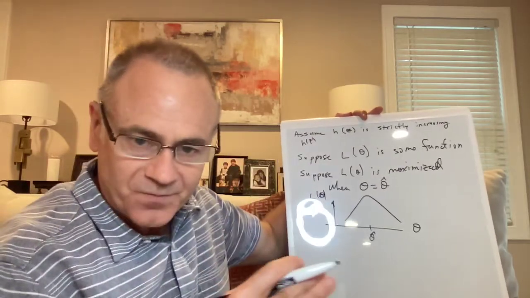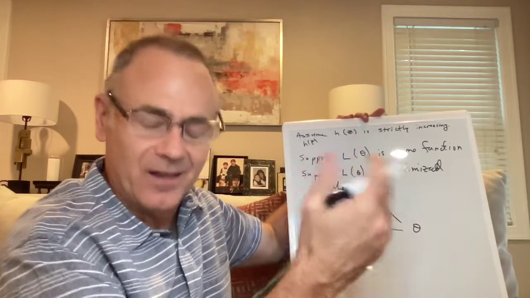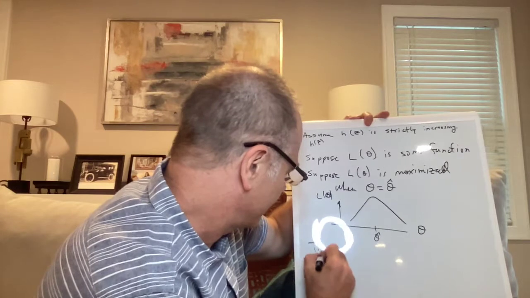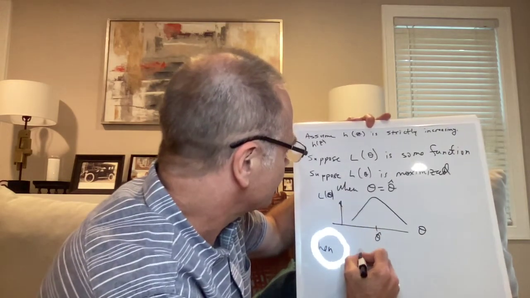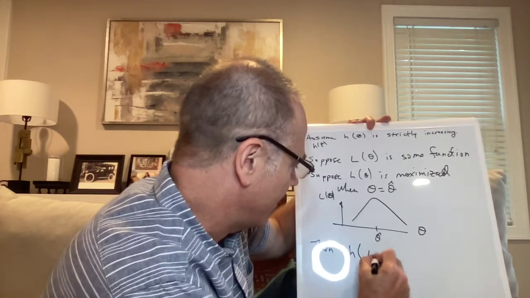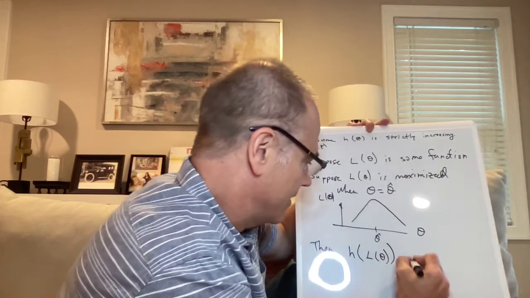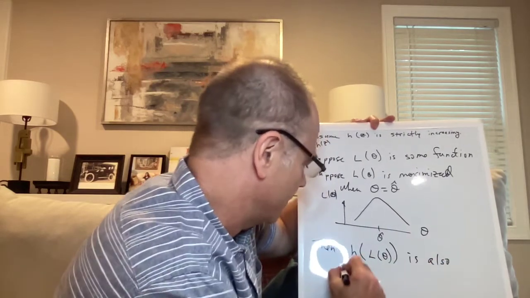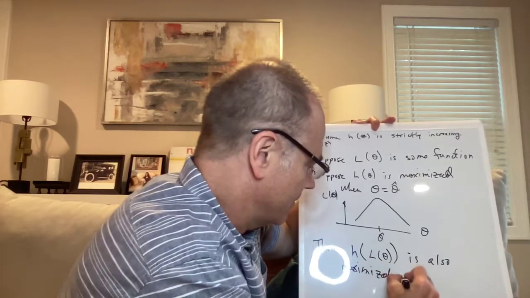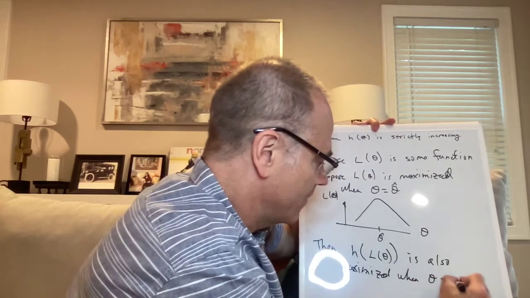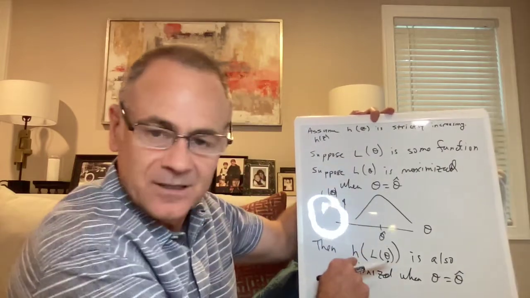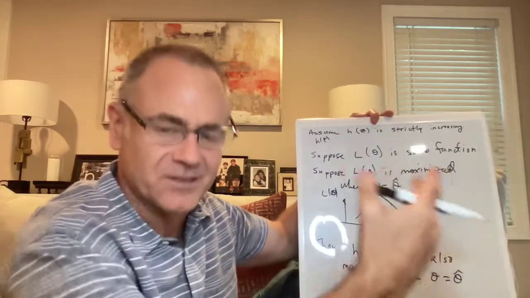If L is maximized when theta equals theta hat, then h of L of theta is also maximized when theta equals theta hat. The idea is that h preserves order, because it's strictly increasing.